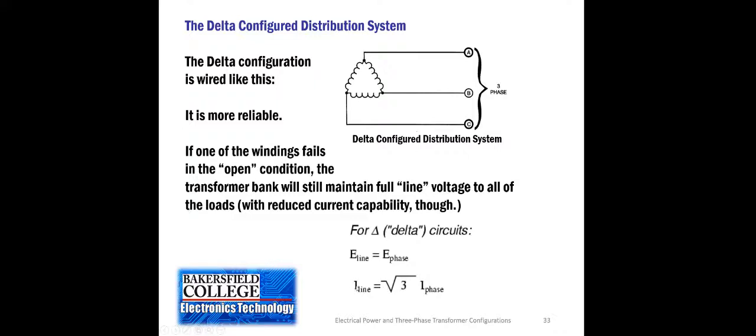If I knew the line current, I would divide the line current by the square root of 3, and that would give me the phase current. And as I said, the delta configuration is more reliable because if I lose any one of these three coils, it would still give me the right voltage coming out.